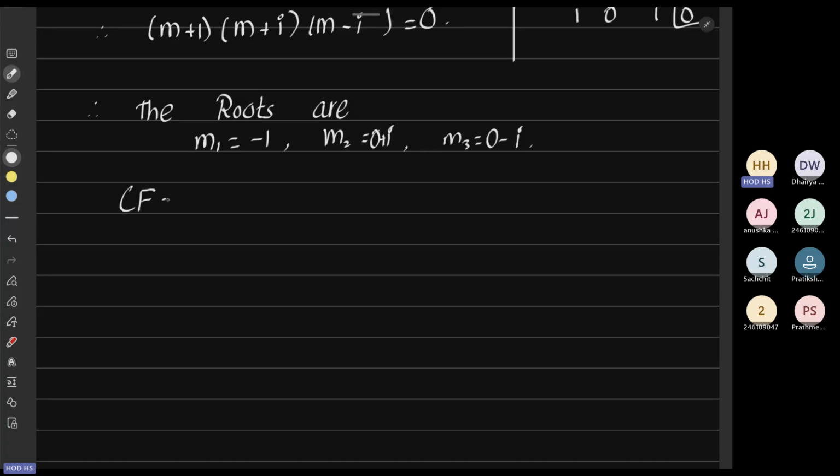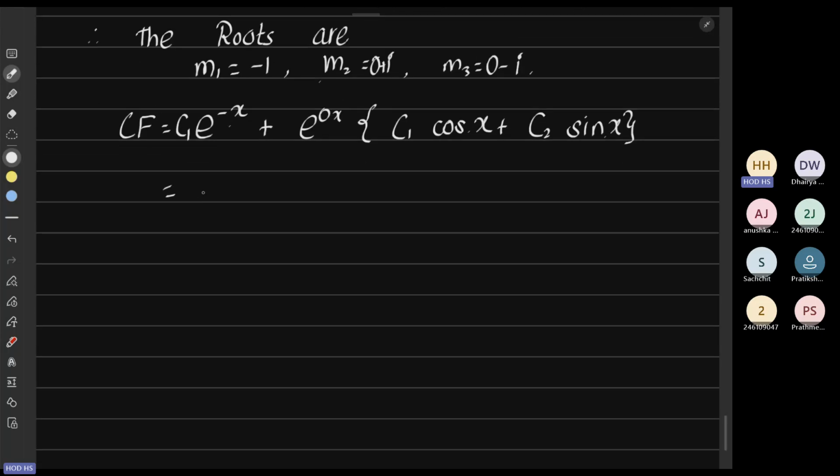Because my complementary function is given by c1 e to the power minus x for m1, and for m2 and m3 combined we will have e to the power 0x times c2 cos x plus c3 sin x, because the real part is 0 and the imaginary part is 1.